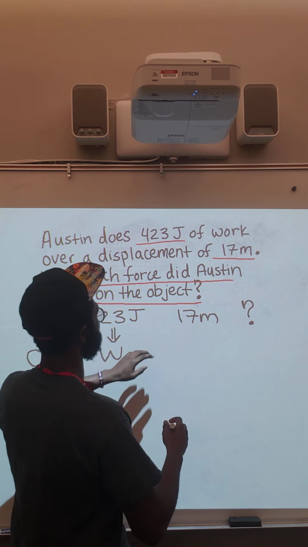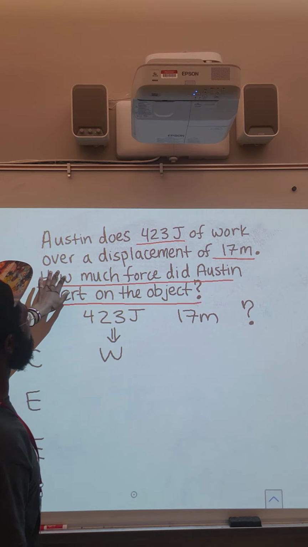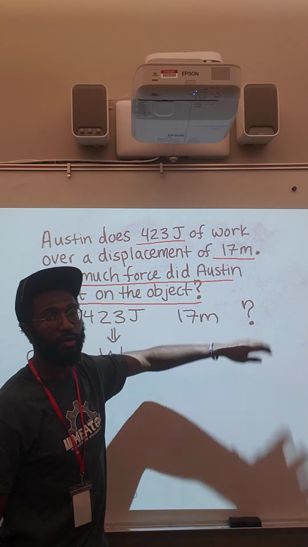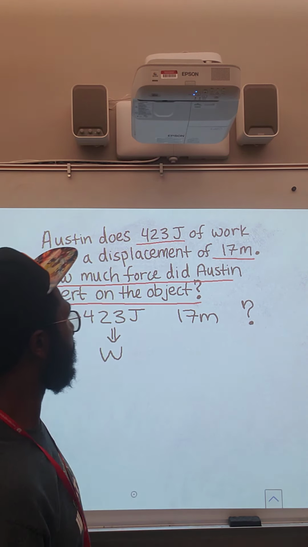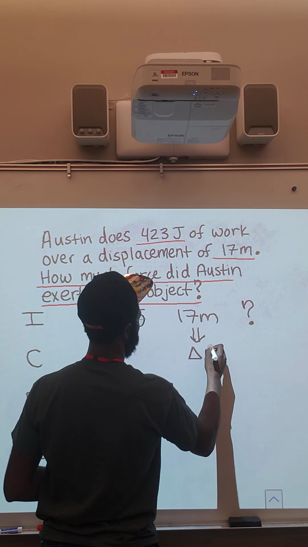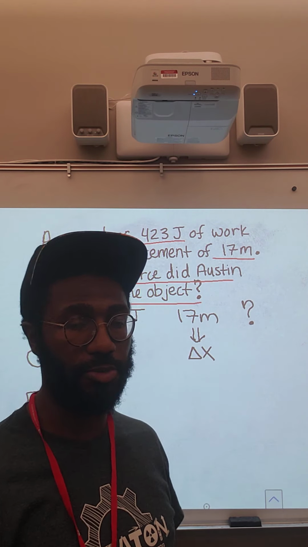When we look at this problem, it tells us that this work is done over a displacement of 17 meters. From that, we know that this is displacement as well, so we're going to write that down. Delta x is the variable we use to represent displacement.